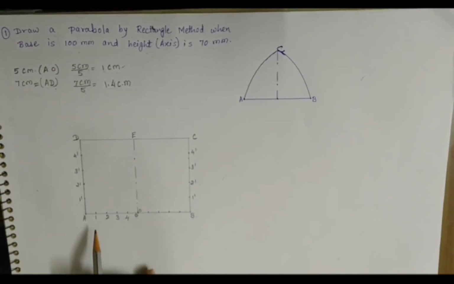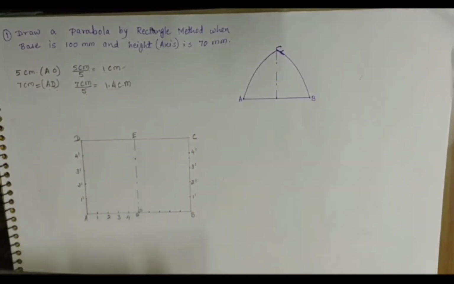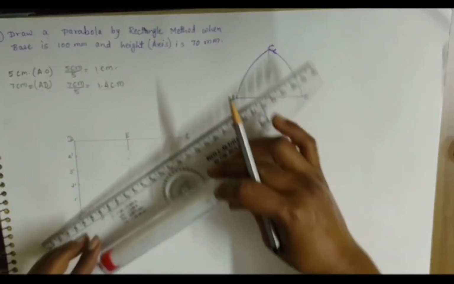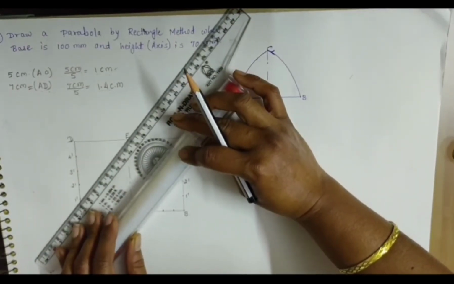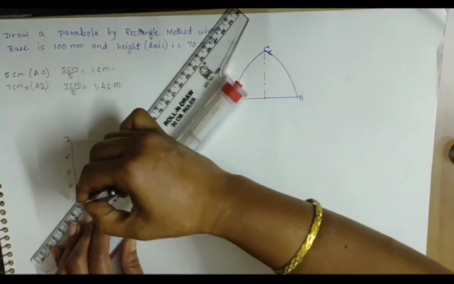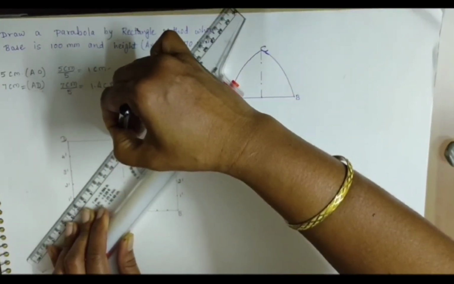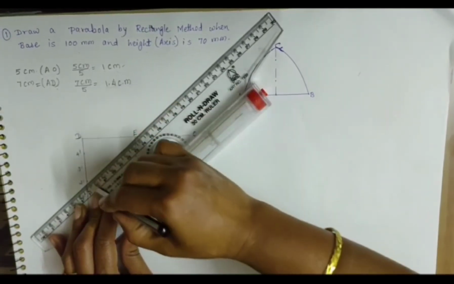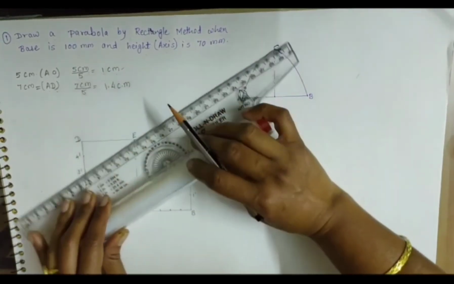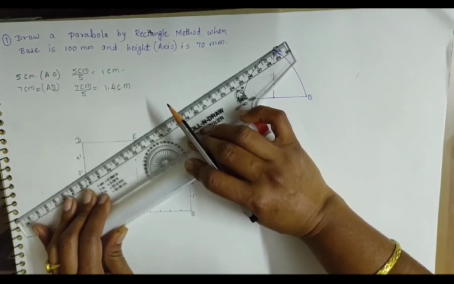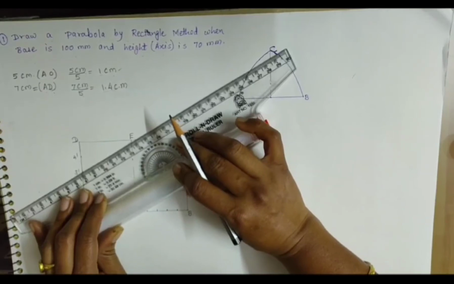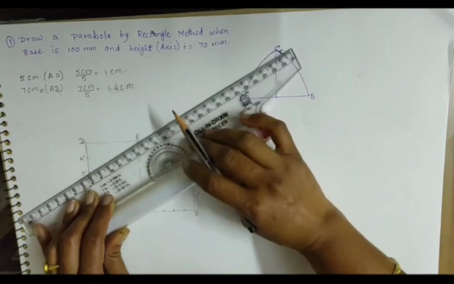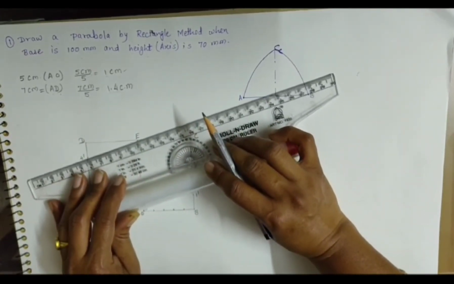Now to draw the parabola in this rectangle method, I will join all these 1 dash, 2 dash, 3 dash, 4 dash points with E, but with light pencil. Join all these points with point E, which is the topmost point of your axis.